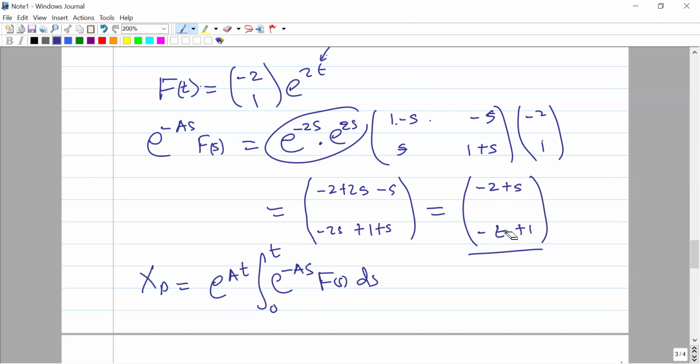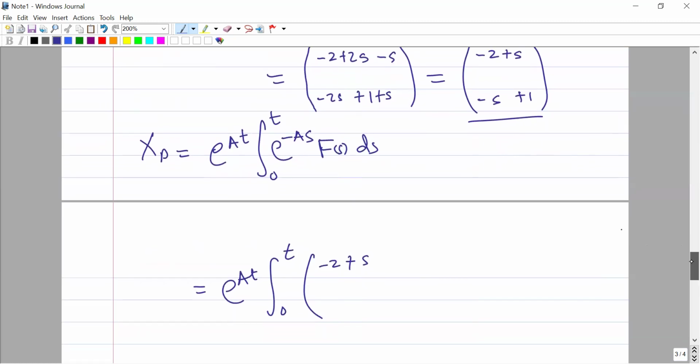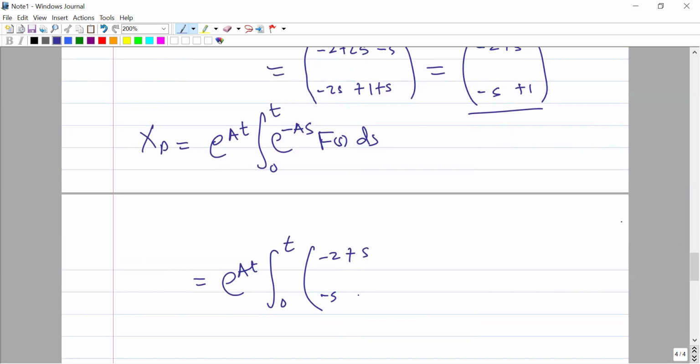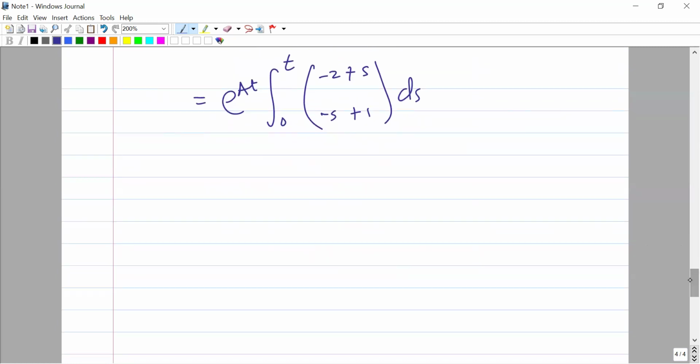So that's minus 2 plus s, minus s plus 1. And this will just give us e to the power at times, now here we're going to have minus 2s plus s squared over 2, minus s squared over 2 plus s, evaluated from 0 to t.